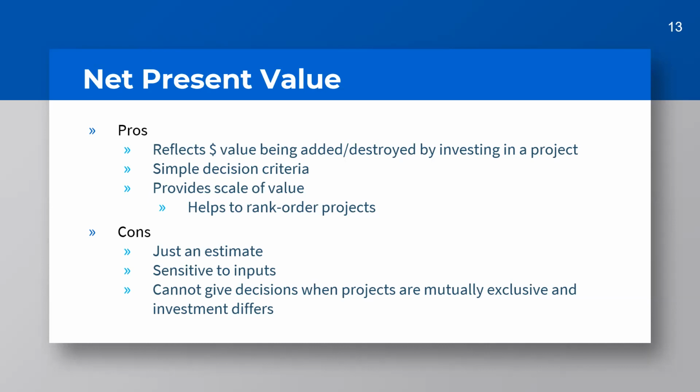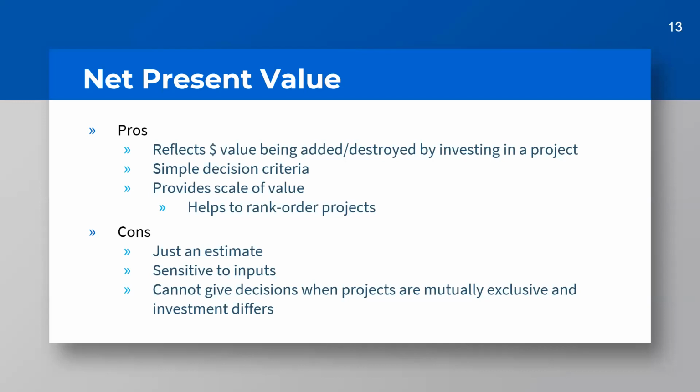Another very important thing that NPV provides that the other capital budgeting tools do not is a sense of scale. Right? And scale is very important when you're dealing with limited capital resources and you want to allocate them to the most value-adding projects. Right? So in other words, if you're a $1 billion company, the magnitude of value being added or destroyed for capital in those projects is important.